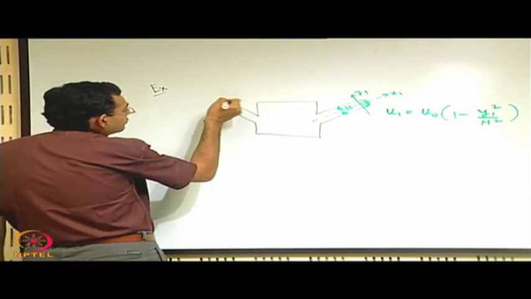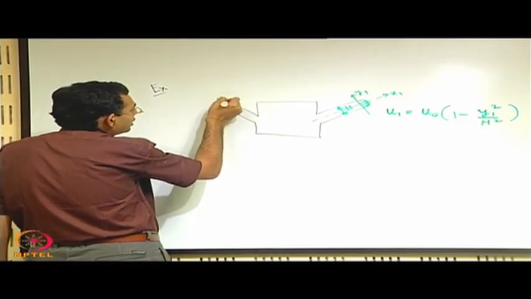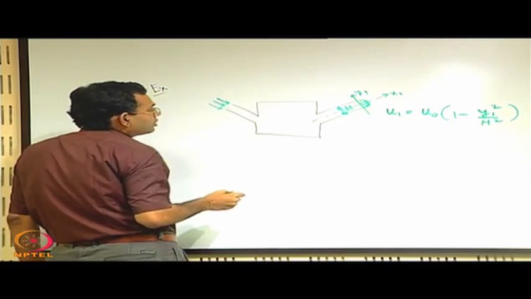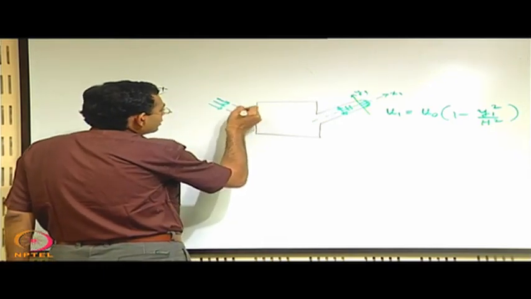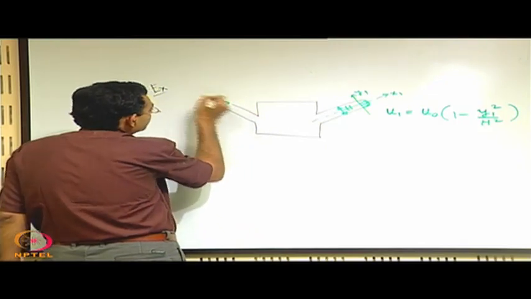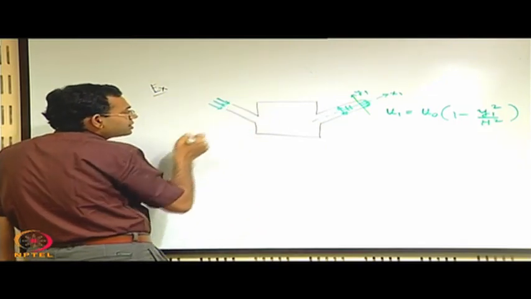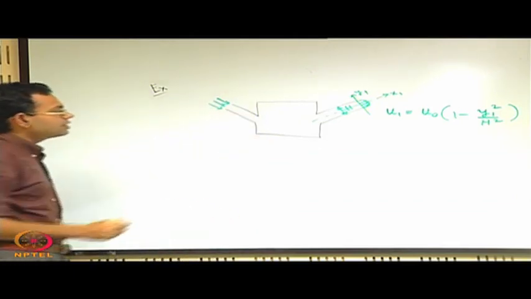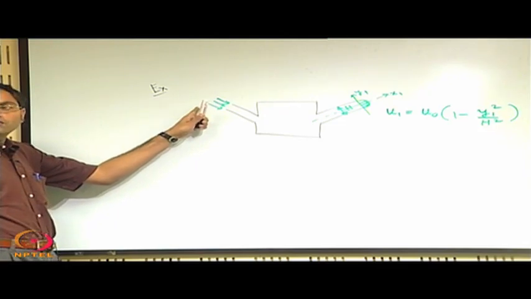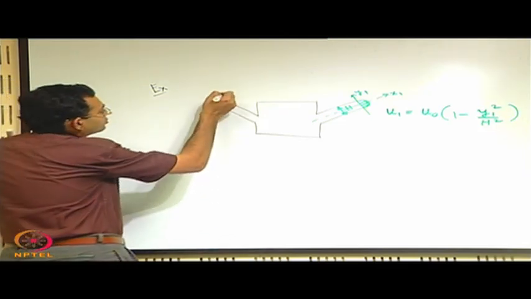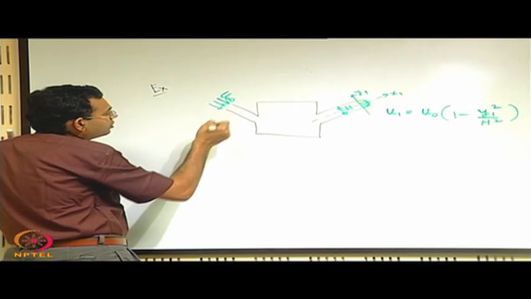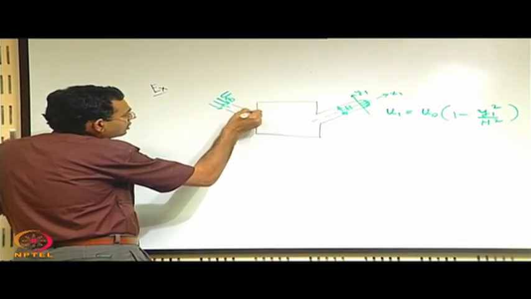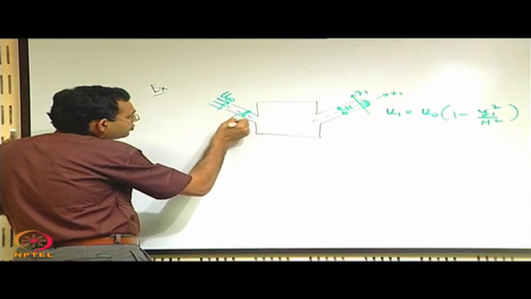And the fluid entering here, again in terms of the local coordinates you can specify it, but that specification may not be necessary because it is given that it is a uniform velocity profile here with a velocity u infinity which is uniform, and let us say this is h by 2.